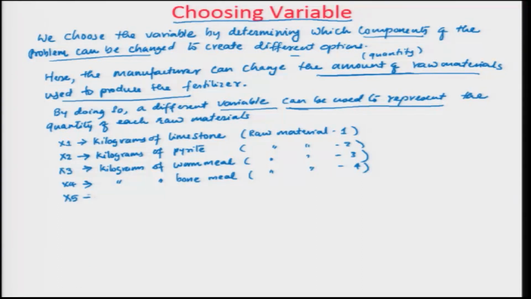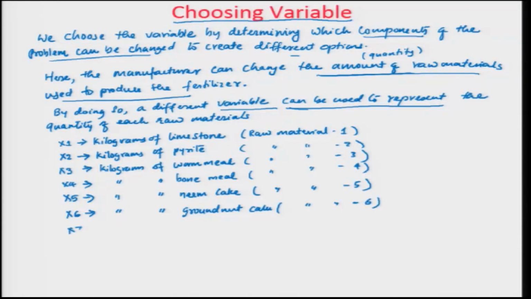x5 will be your kilograms of neem cake, raw material 5, x6 kilograms of groundnut cake, raw material 6, then x7 is kilograms of charcoal, so your raw material 7.